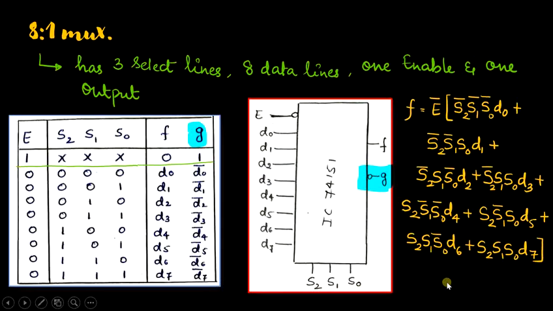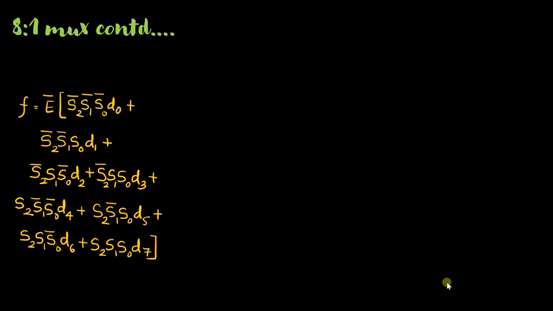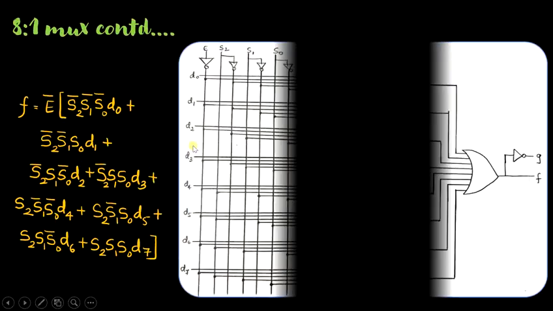Looking at this SOP expression, we can obtain the logic diagram wherein we will require a NOT gate, an AND gate to represent the product term, and an OR gate to represent the sum terms.